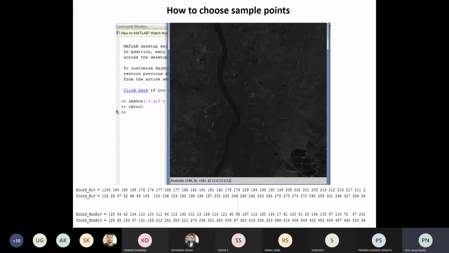If you calculate it, for this location 154 and 19, this corresponds to the R band image, this to the B band image, this to the G band image, and this to the I band image.